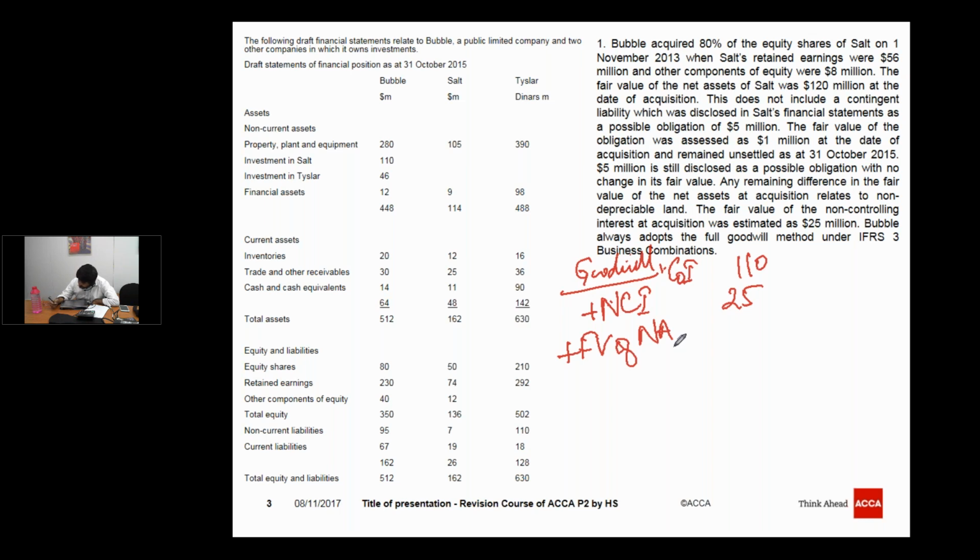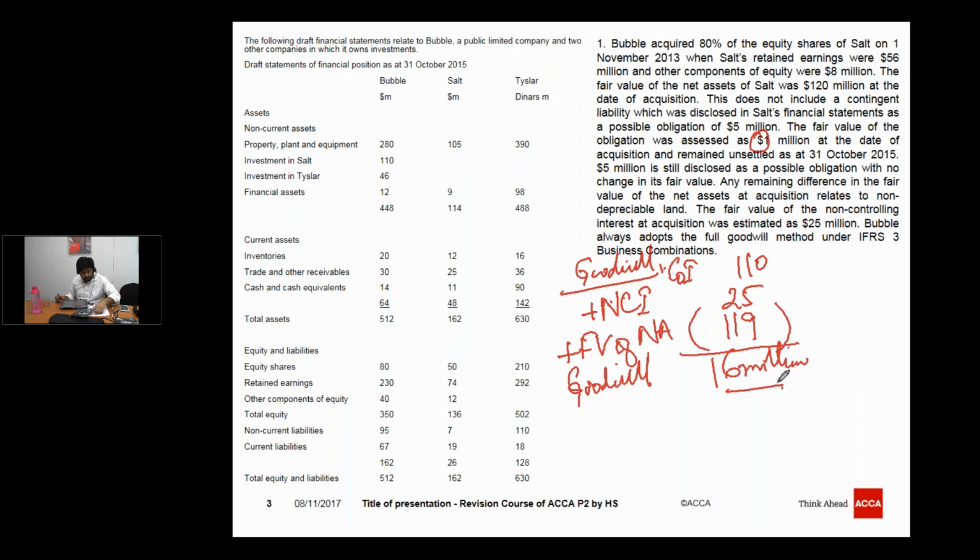But as the question says, this does not include a contingent liability which was disclosed, and the present value of the contingent liability is 1 million. So the final amount of the net assets is now 119. By incorporating 1 million of the provision according to IAS 37 in the net assets, you will get the adjusted fair value of net assets, and that is 119 million. So the final amount for the goodwill will be 110 plus 25 minus 119, and the goodwill is 16 million.